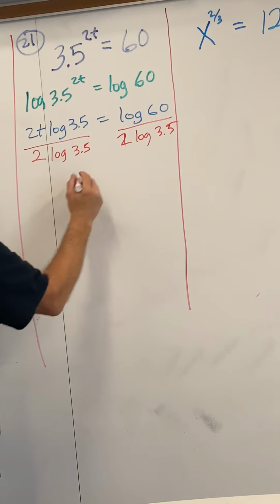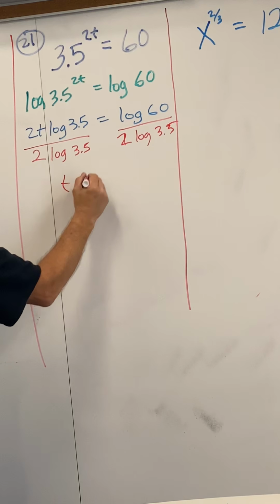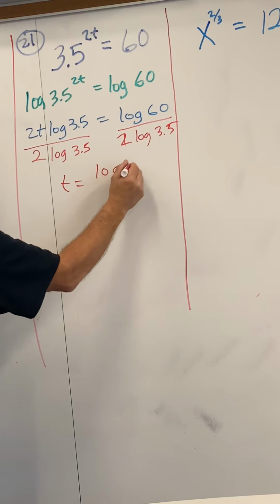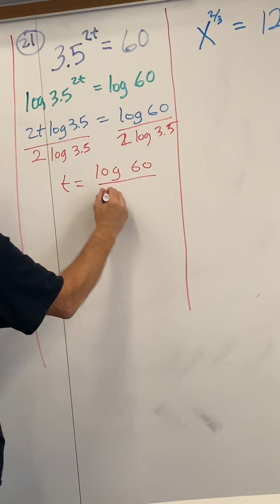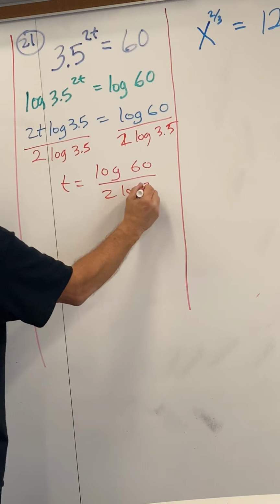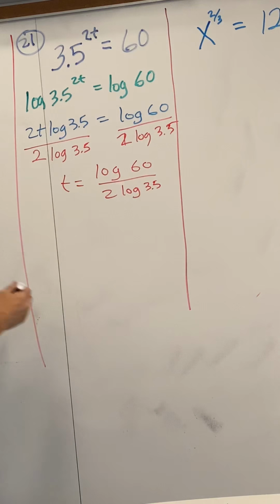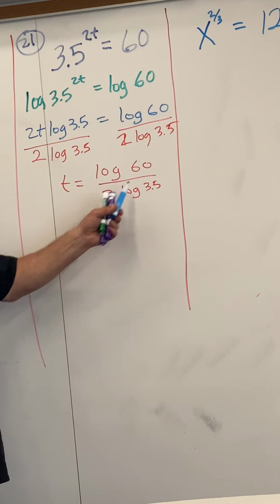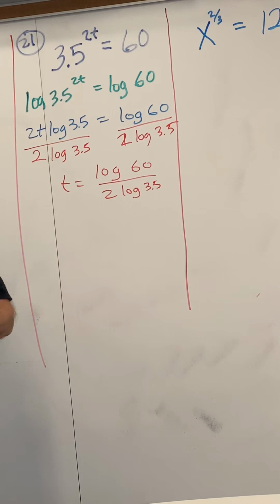So here's the answer in calculation ready form: log 60 over 2 log 3.5. Now I could simplify this a little more. I could pump the 2 up there and make it 3.5 squared, but I don't happen to know what that is, so I'm just going to leave it like this when I calculate it in the calculator.